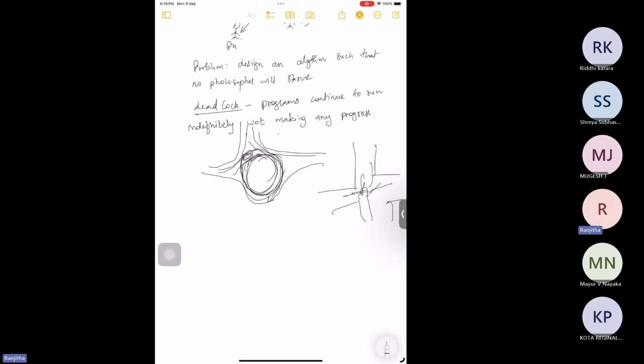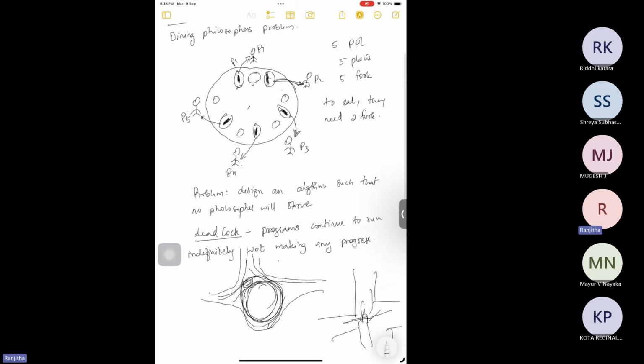That is the equivalent of a deadlock situation where none of the vehicles are moving to their destination. Same way, when resources are not available and each process is waiting for some resource which is with another process, the situation of deadlock will occur.